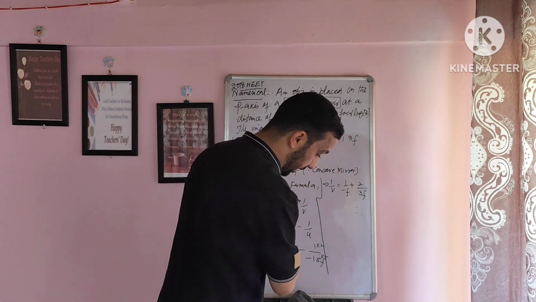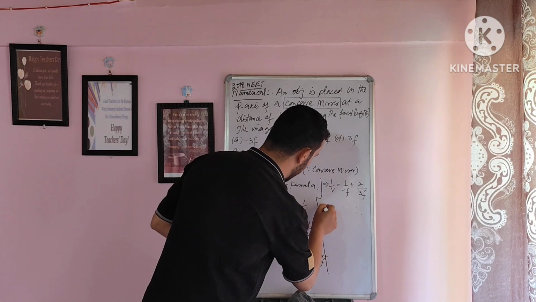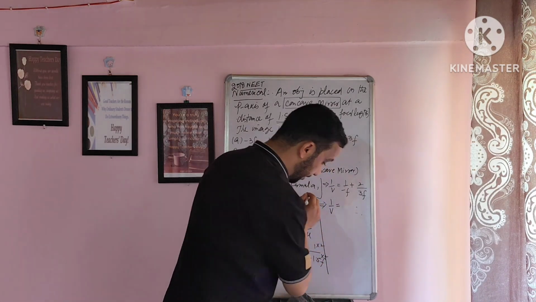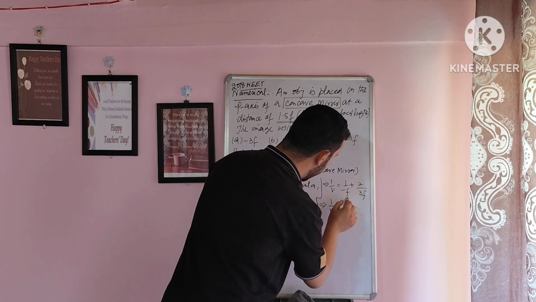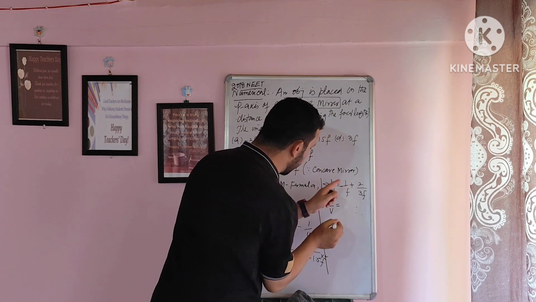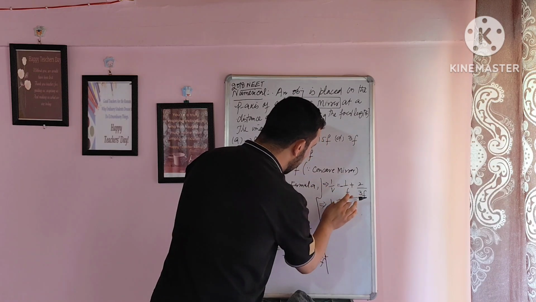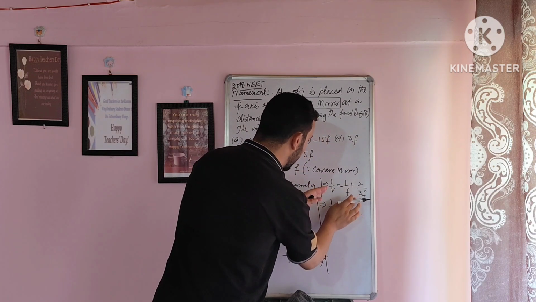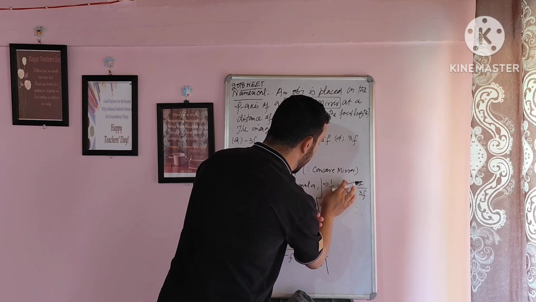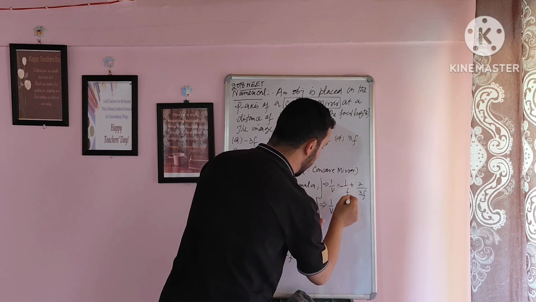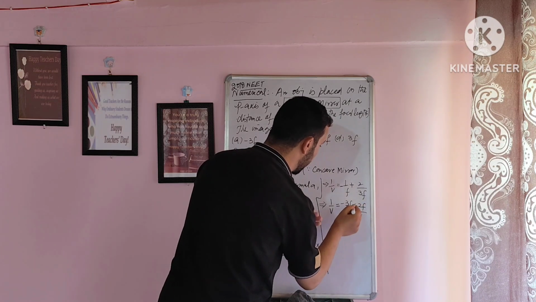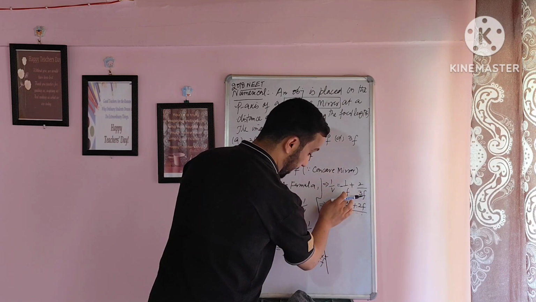Now this is very simple. So we will get 1 upon v equals, this is actually minus, I will put it minus here so the case gets easier. 3f into minus 1 is minus 3f, plus 2 into f becomes 2f, divided by 3f into f.